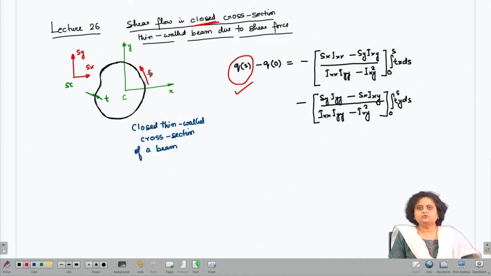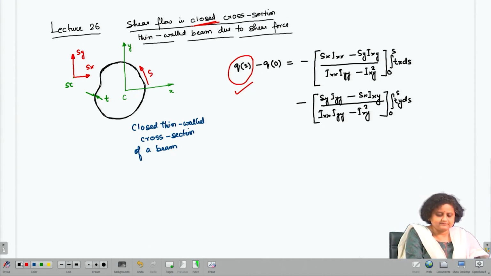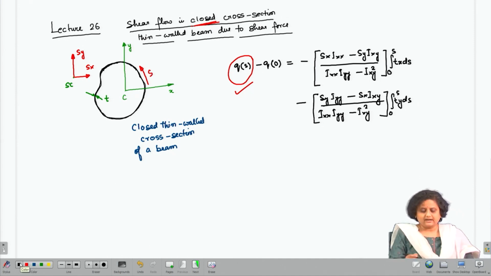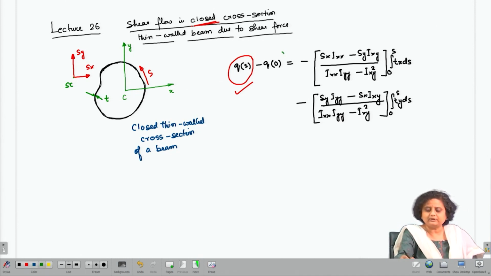We will be using the same formula to find out the shear flow in the closed cross section beam as well, but the only difference is that here there would be an issue with finding out Q0.